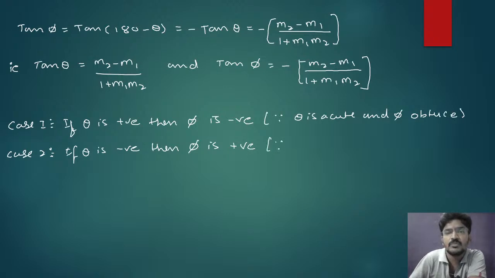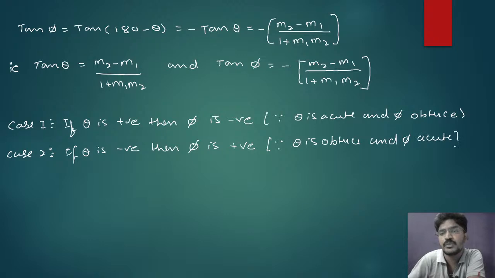Okay, because here theta is obtuse and pi is acute. All of you know that acute means lesser than 90 degree, which means first quadrant, so it should be positive. Obtuse means it is more than 90 degree, it is in second quadrant, so it should be negative. That is the reason for case 1 and case 2.